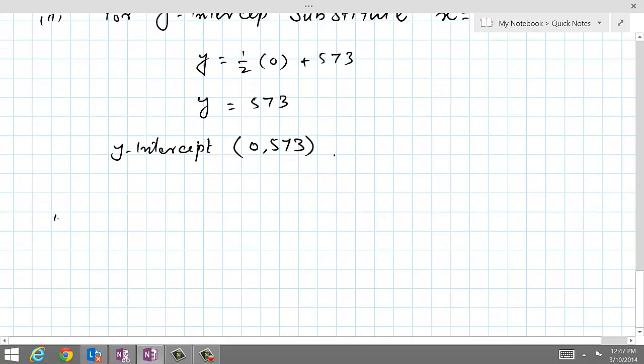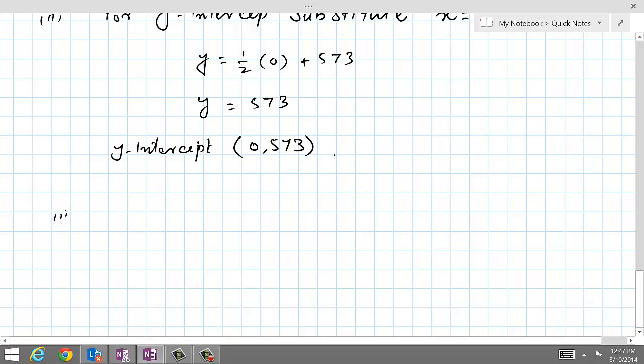And the last thing that we need to answer is the slope. By the way, we can read the x-intercept and y-intercept from the graph of the line as well, but we can also calculate algebraically by using this method.